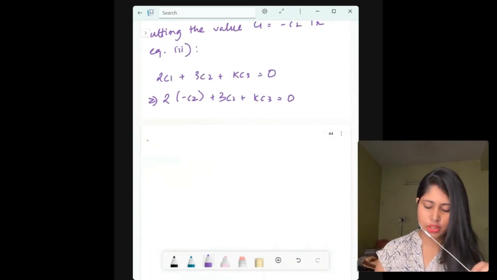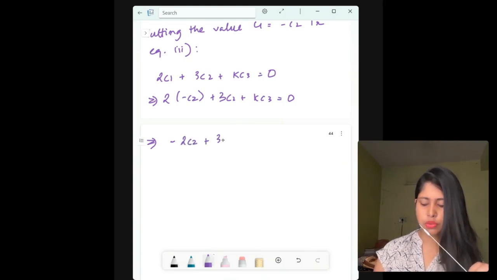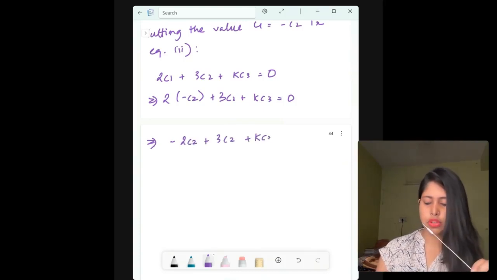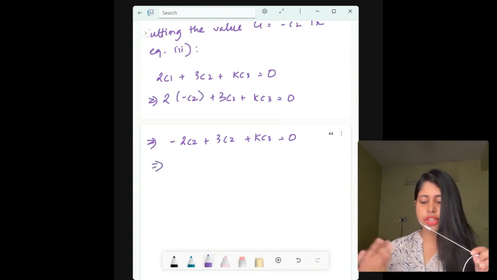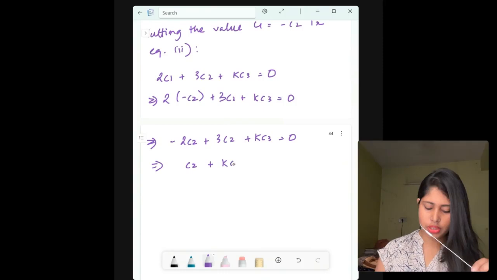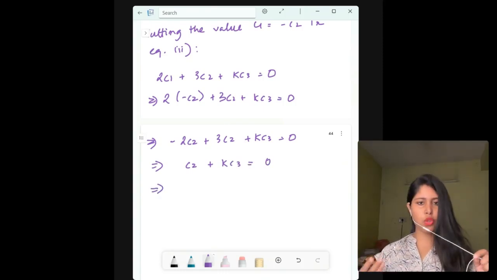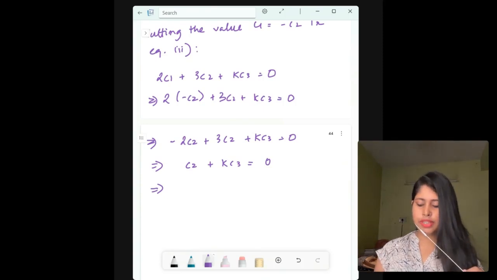Then we simplify to minus 2c2 plus 3c2 plus kc3 equals 0, and 3c2 minus 2c2 is c2, so c2 plus kc3 equals 0. So basically from here kc3 equals minus c2.